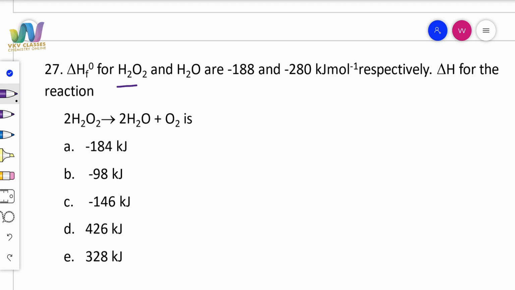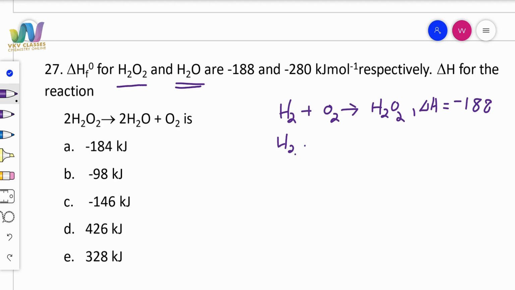First is the enthalpy of formation of hydrogen peroxide: H2 plus O2 gives H2O2, enthalpy is minus 188. Second, enthalpy of formation of water: H2 plus half O2 gives H2O, then enthalpy for this process is minus 280 kilojoules.